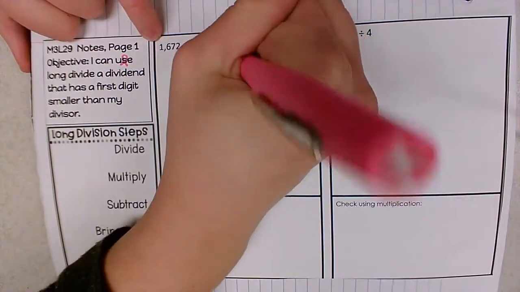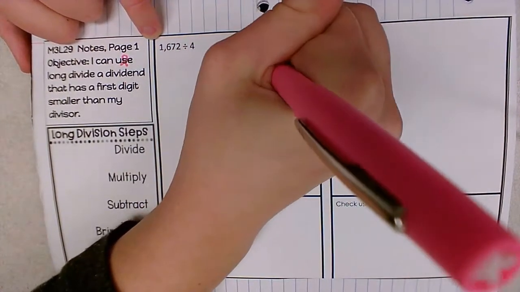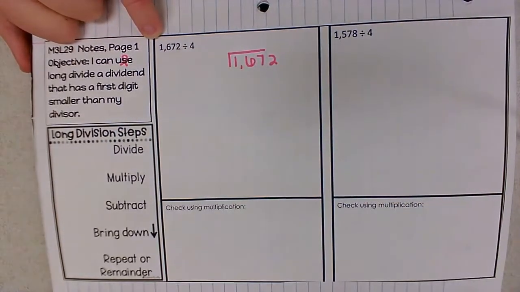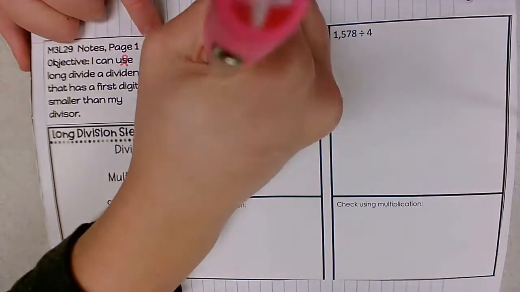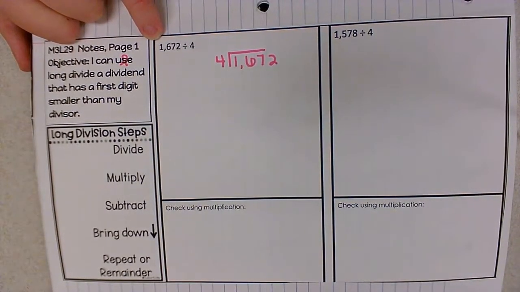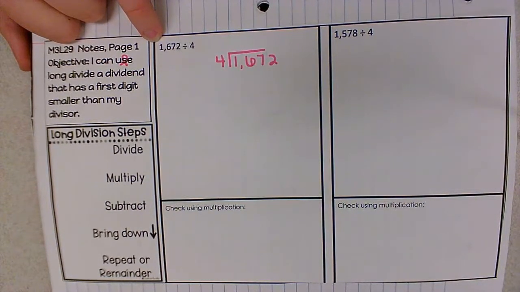Our dividend is 1,672. Our divisor is 4. Divide, multiply, and subtract. Bring it on down and bring it on back. Divide. 1 divided by 4. Okay, wait a second. 1 can't be evenly divided into 4 groups.